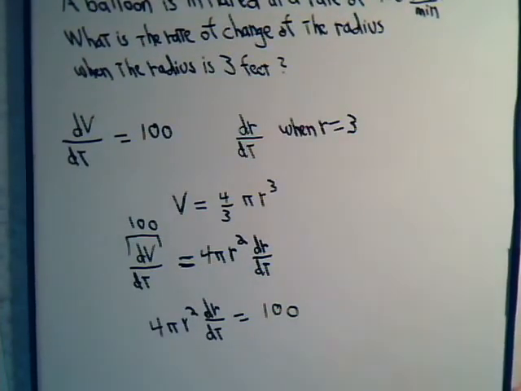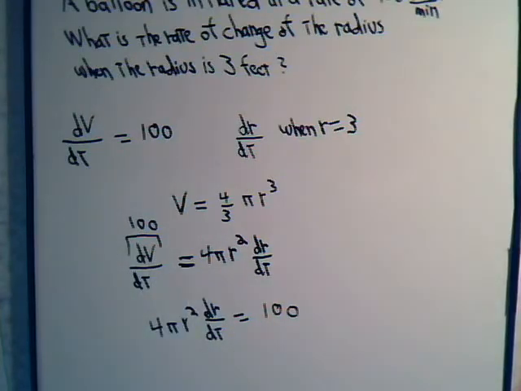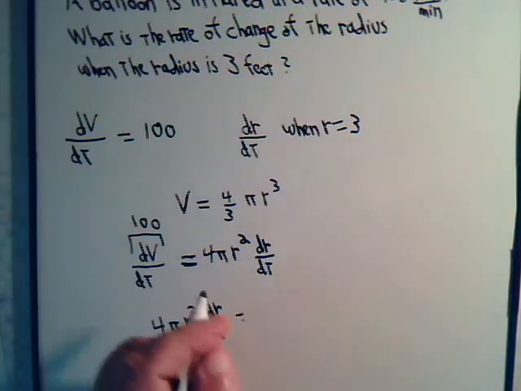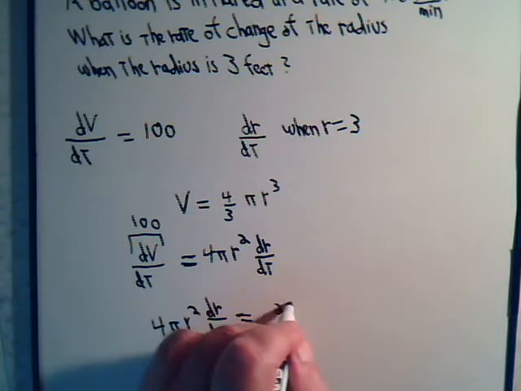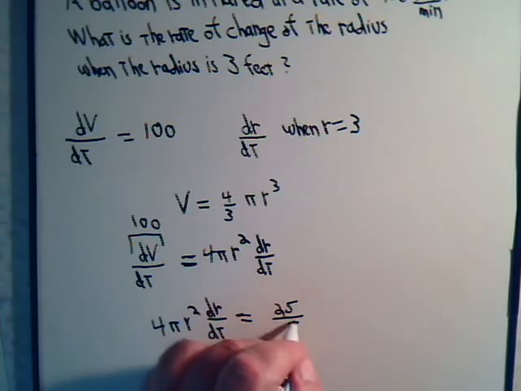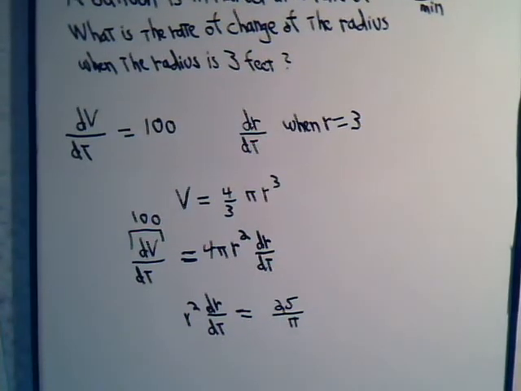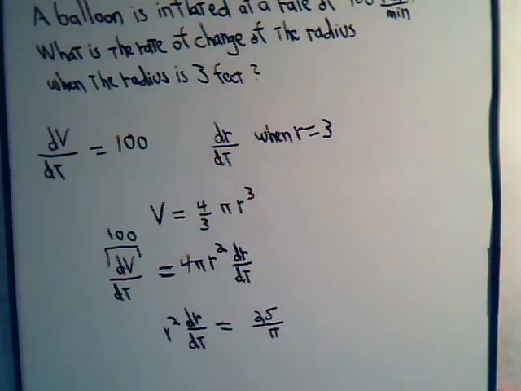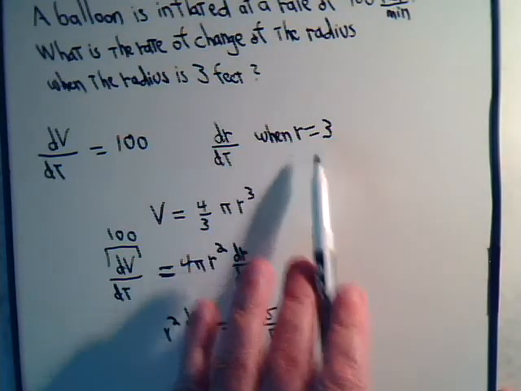This is just this written down here this way, and divide both sides of the equation by 4 pi, and we will have r squared dr/dt equals 25 divided by pi, and we have to solve for dr/dt when r equals 3.